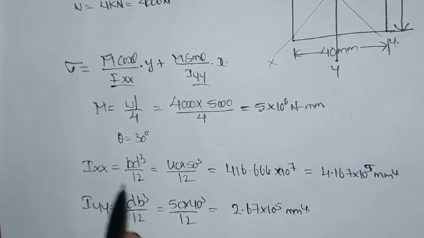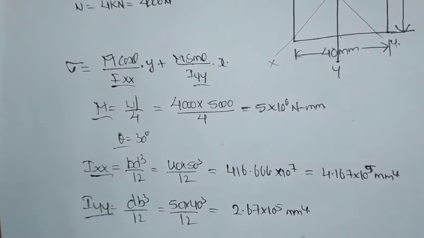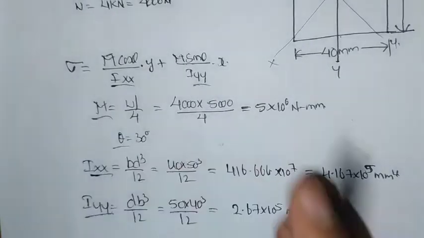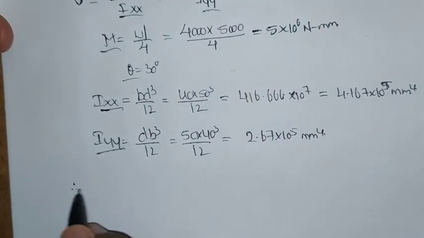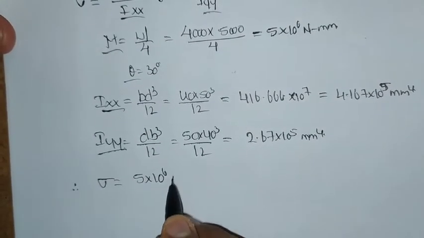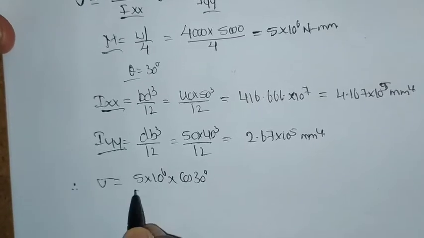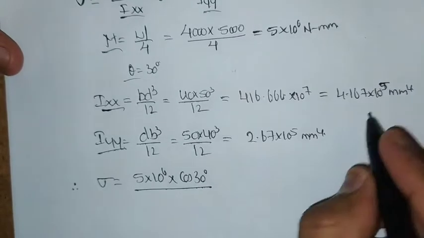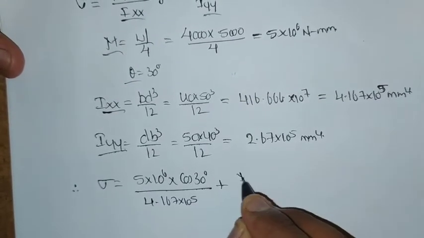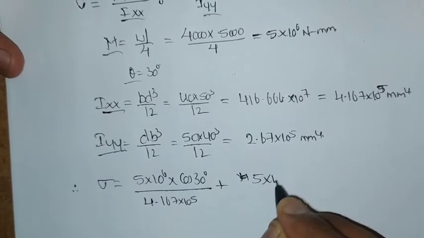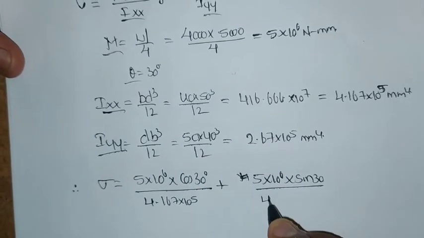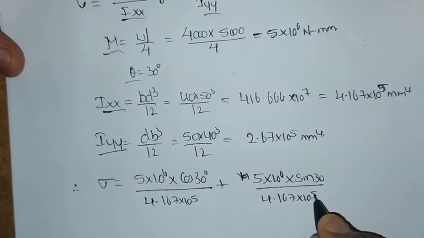So the values of Ixx, Iyy, M and theta we now know. Next we have to substitute these values in the bending equation. Therefore sigma is equal to M value 5 into 10 to the power of 6 into cos 30 degrees divided by Ixx value 4.167 into 10 to the power of 5, plus M value 5 into 10 to the power of 6 into sin 30 divided by Iyy value 2.67 into 10 to the power of 5.